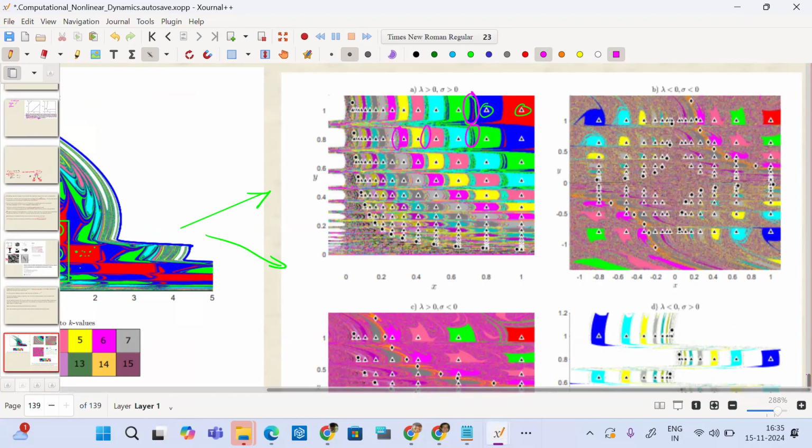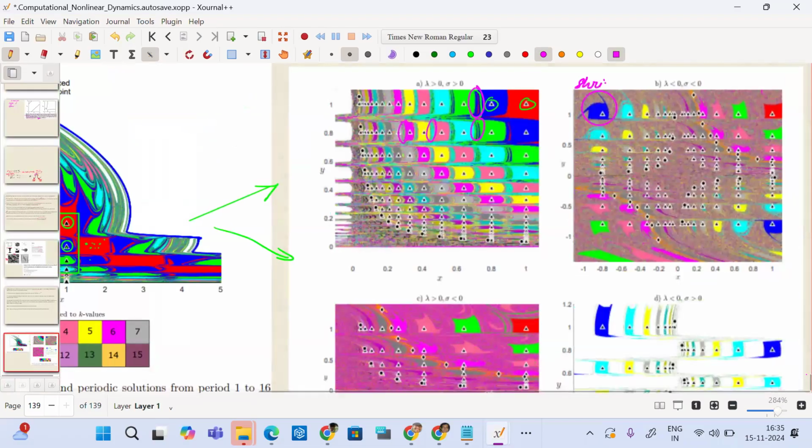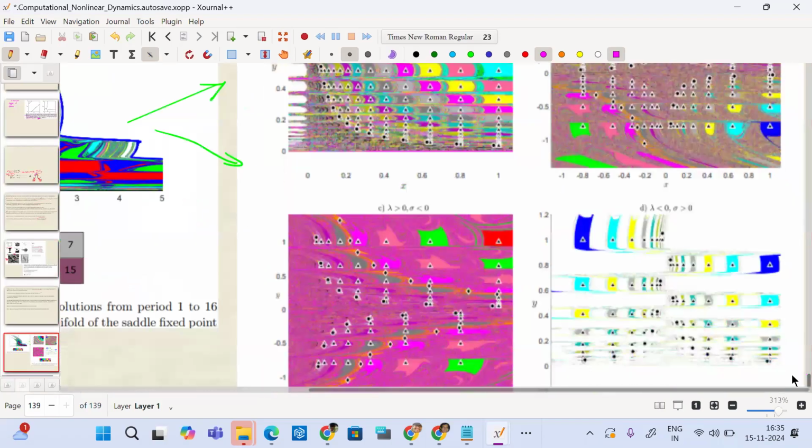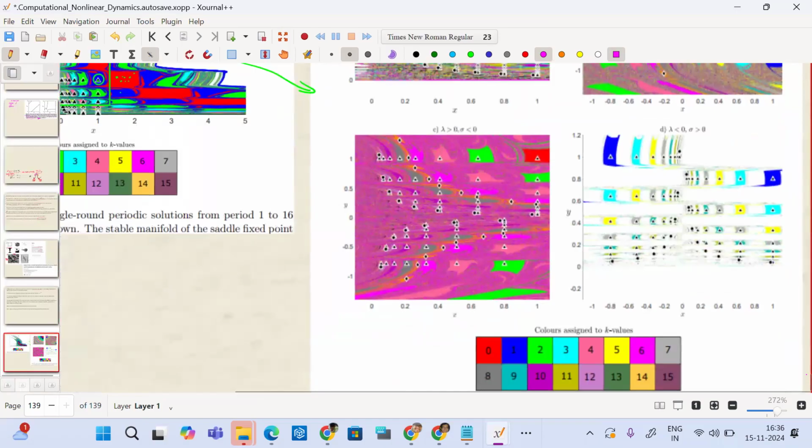You can see that it looks like shrimps, like prawns. This is one such shrimp you see here. The same happens in other cases also. So this is what multistability is all about. These are all known as the basins of attraction.